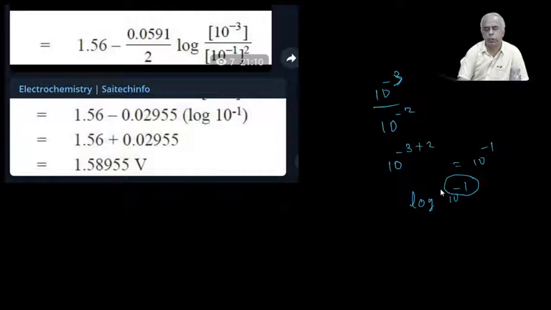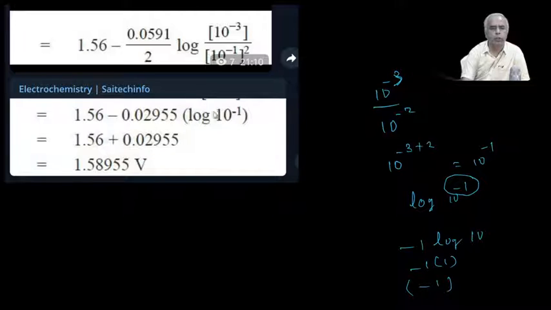If it is minus 1, you can bring this minus 1 in front, therefore log 10. You know the value of log 10 is 1. So minus 1 into 1 is minus 1 simply. So here you have minus of minus 1, which is plus: 1.56 plus this much. Now you are able to get the value of the cell EMF.